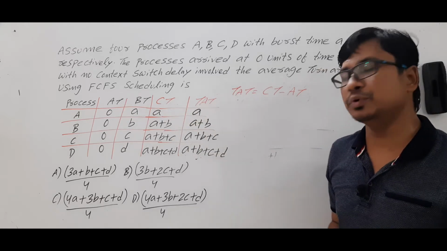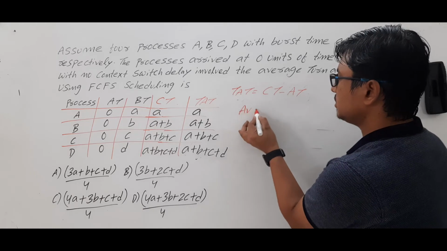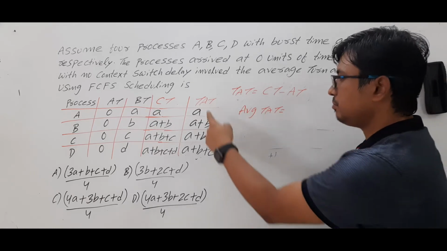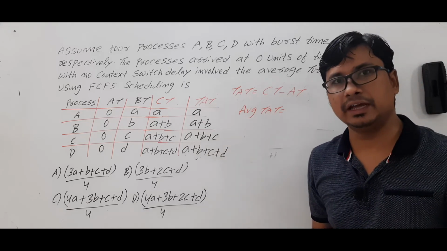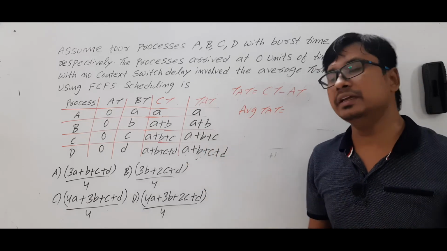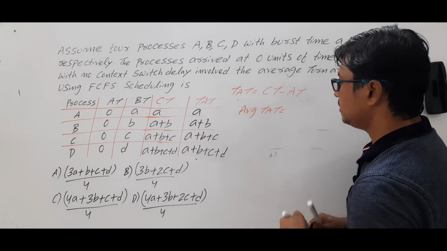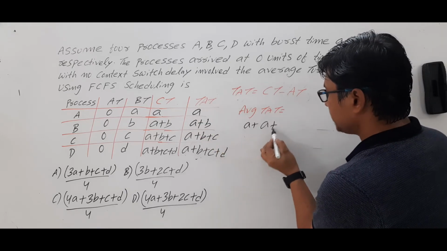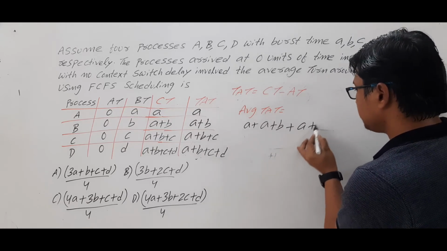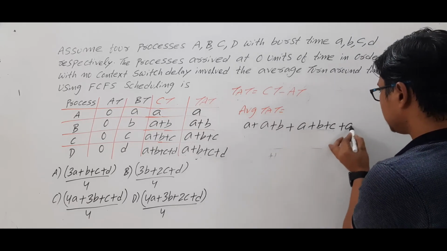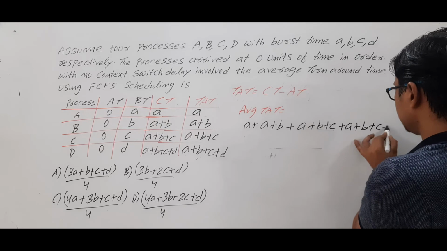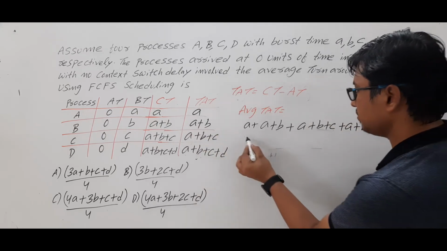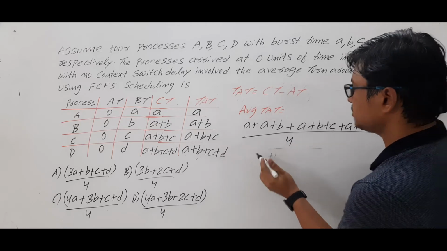Now we need to compute the average turnaround time. The average turnaround time is the sum of all the processes' turnaround time divided by the number of processes. So a plus b, plus a plus b plus c, plus a plus b plus c plus d, plus a, divided by 4, the number of processes.